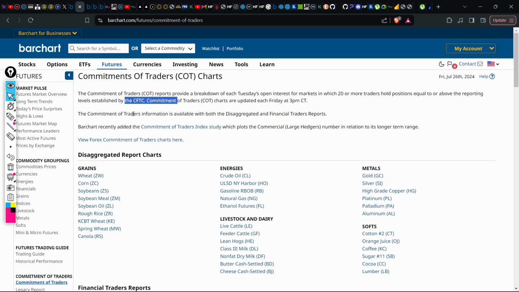I believe you have read that too. And Barchart recently added the commitment of traders index study, which plots the commercial large traders' numbers in relation to the longer-term range. This one we're going to come to shortly. But for now, let's just look at the COT reports themselves.